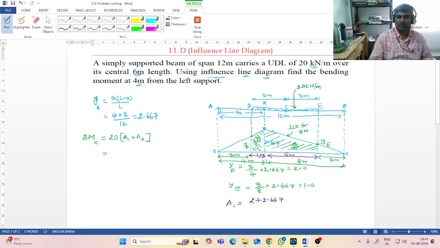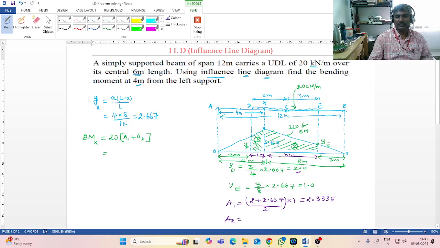YD value is 2 and the other is 2.667. Multiplied by the distance between the two parallel sides, which is 1 meter. So this value comes out to 2.3335.